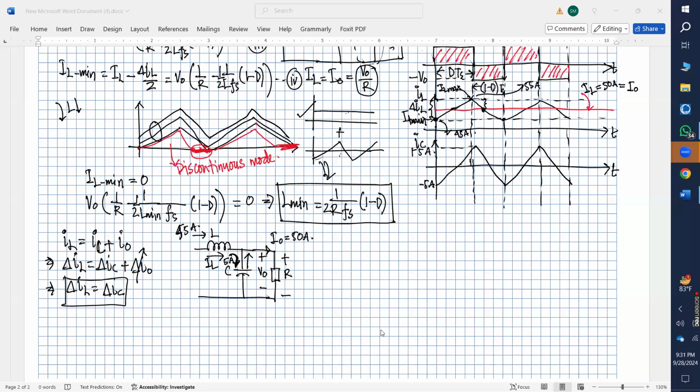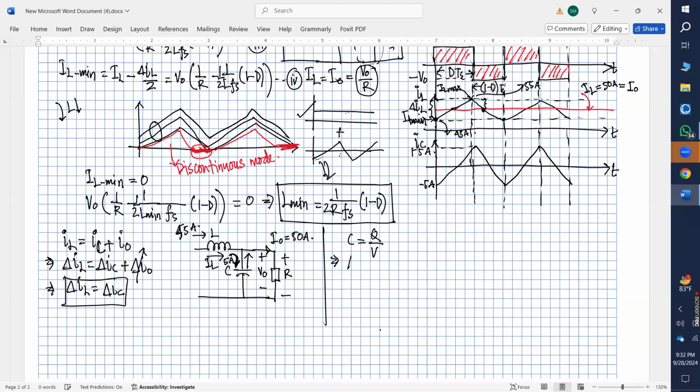Now, if this is your capacitor waveform, then what is your capacitor current? You know the value of the capacitance in your circuit: C is nothing but Q over V, right? Yes, sir.